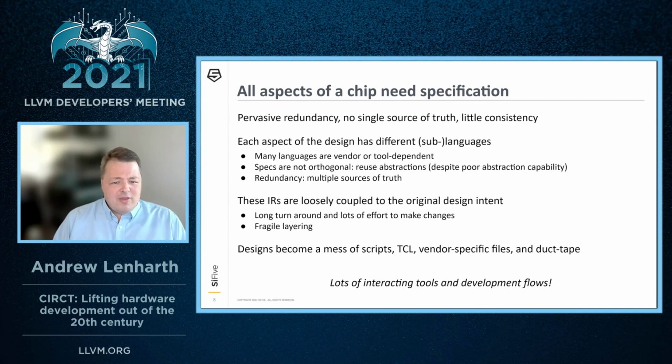Verilog can't represent them, so they wind up being extra artifacts on the side in different languages, or non-standard annotations to Verilog, or very commonly, programs that you write and are executed in the context of a particular tool, written against the internal representation the tool has of the Verilog you fed it. So this means that in a design, you wind up with lots and lots of pieces that need to come together to actually successfully produce a chip.